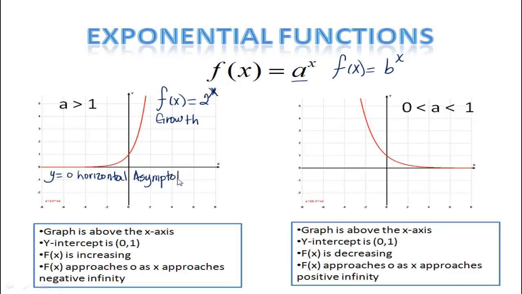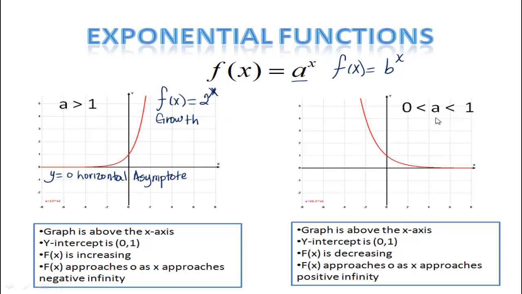Why is it the horizontal asymptote? Because it approaches the x-axis, but it never touches or crosses it. So it limits my function. It tells me how low I can go with my y values. This function doesn't get to have the value of y equals 0, and it doesn't have any negative y values either. Okay, so this will happen for parent functions of exponential functions whose a value is greater than 1.